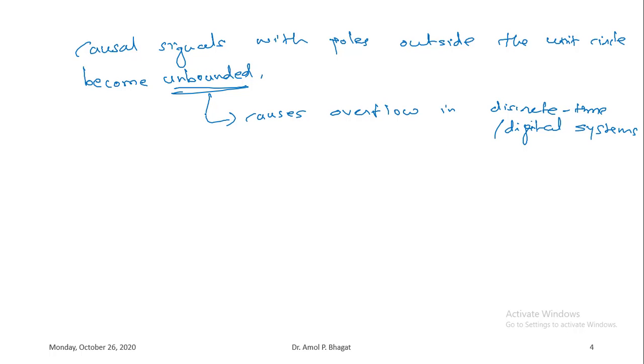Therefore, these unbounded signals must be avoided. Their poles should not be outside the unit circle.